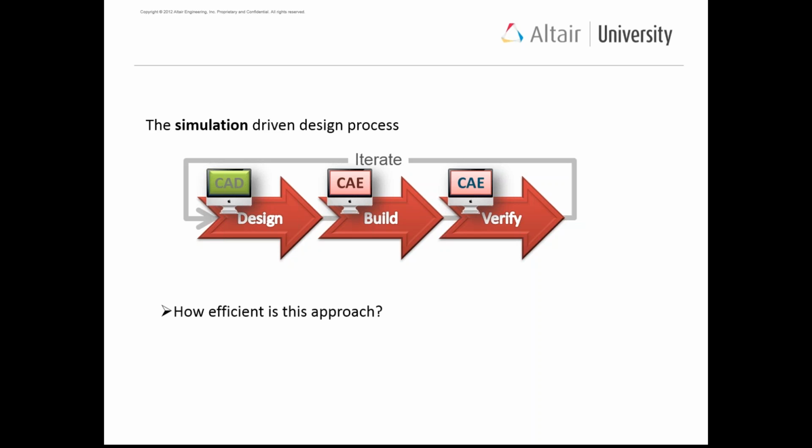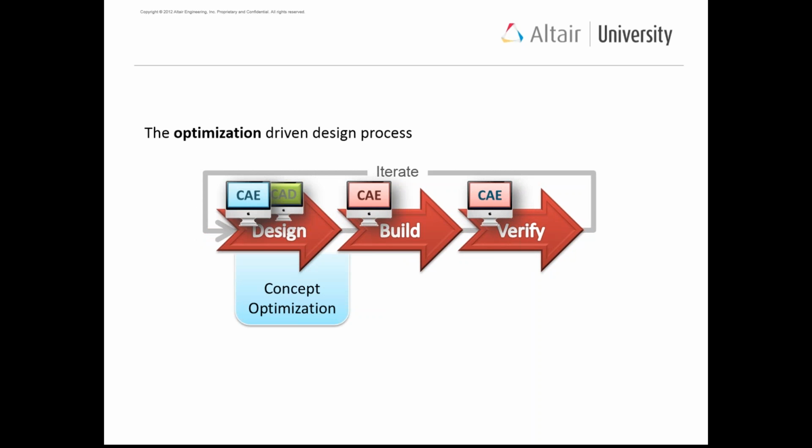The fact is, you can improve the traditional design process with what we call an optimization-driven design process, where you start with concept optimization, and that gives you the initial CAD design to take forward and then verify the performance of.